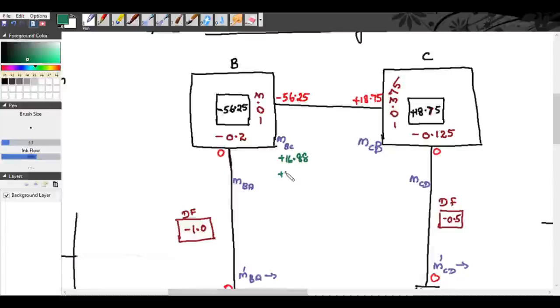Second iteration is plus 22.84. Third iteration plus 24.28. Fourth iteration plus 24.52. Fifth iteration plus 24.56. For MBA, the first iteration is plus 11.25. Second iteration plus 15.26. Third iteration plus 16.18. Fourth iteration plus 16.35. Fifth iteration plus 16.37.